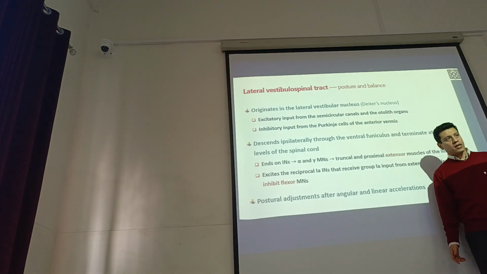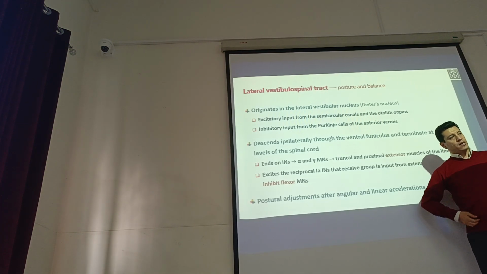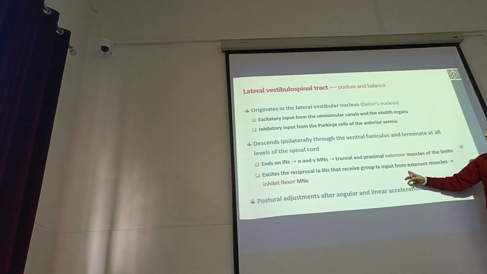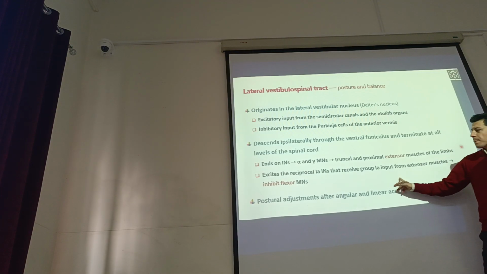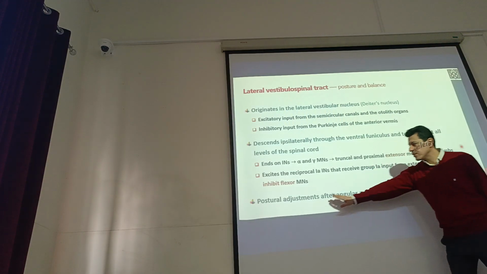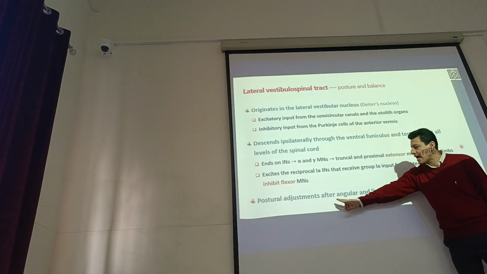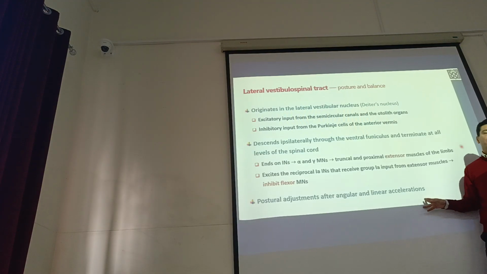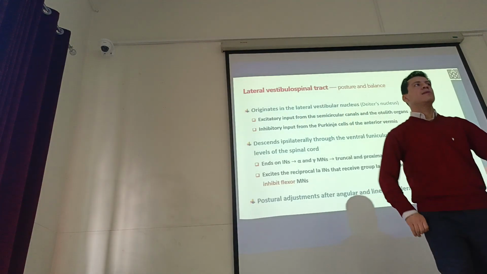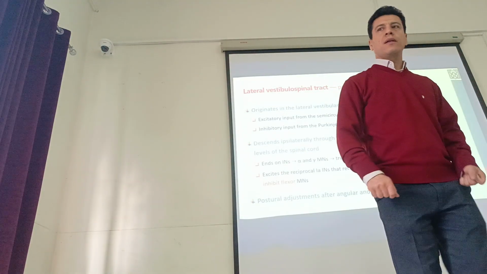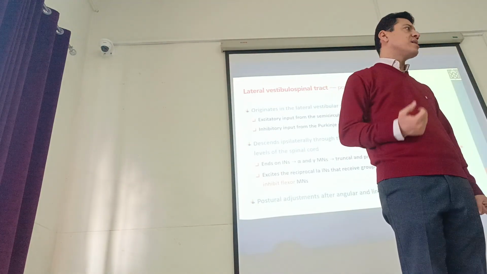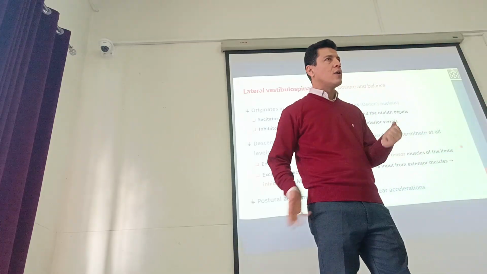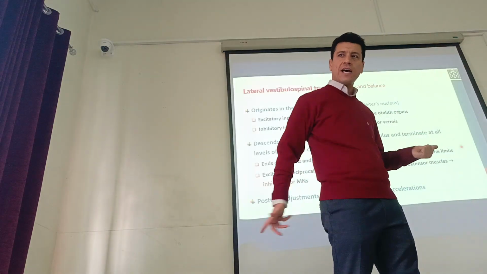So flexors are inhibited, extensors are contracted, right? So the result is postural adjustments after angular and linear acceleration. So when we have acceleration, for example, when we enter an elevator and it goes up very fast or goes down, or we are sitting in a car and move forward very fast.